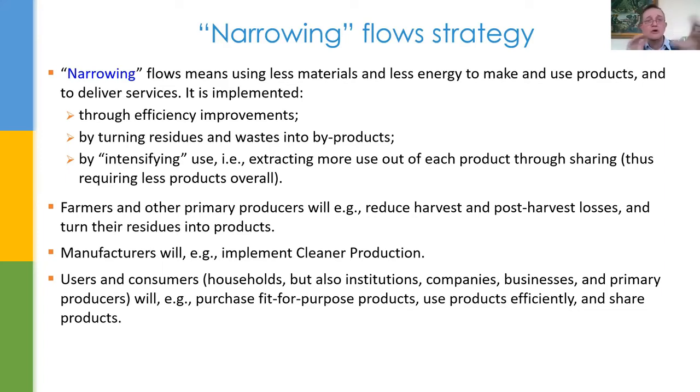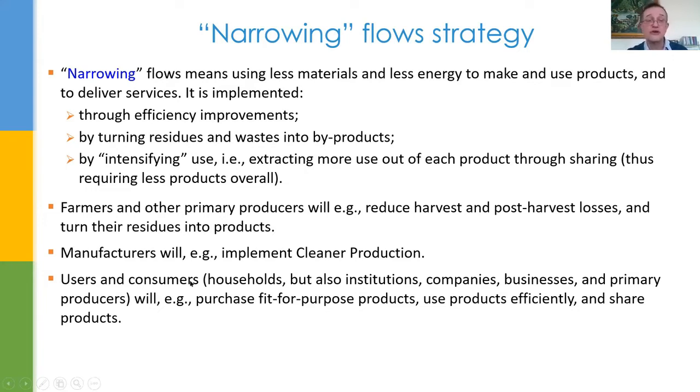Now, where will the responsibilities lie in all the various stakeholders in the circular economy? So farmers and the other primary producers will, for instance, reduce harvest and post-harvest losses, and they will turn their residues into products, their agricultural residues. Manufacturers will, for instance, implement cleaner production, resource efficiency and cleaner production.